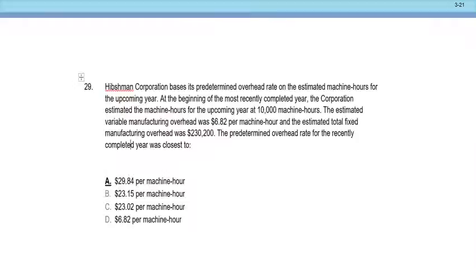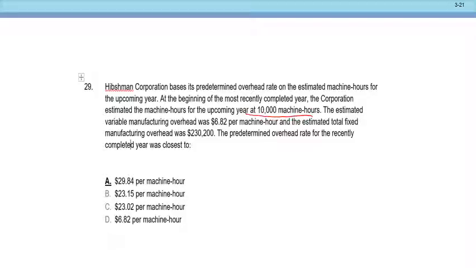So let's take a look at a couple of example problems from your quiz here. We have this company that bases its predetermined overhead rate on estimated machine hours for the upcoming year. At the beginning of the most recently completed year, the corporation estimated that machine hours for the upcoming year would be 10,000.